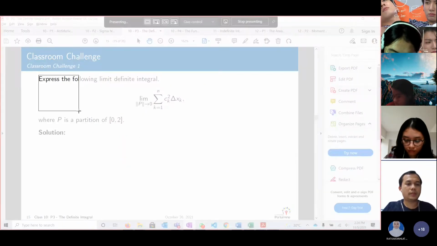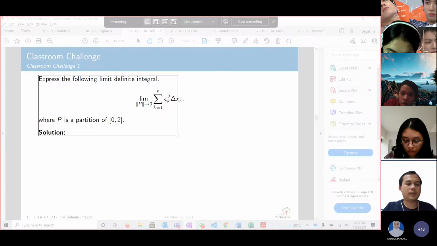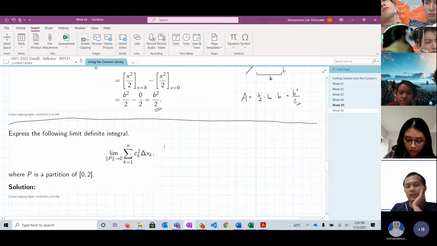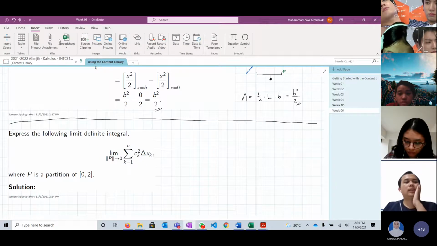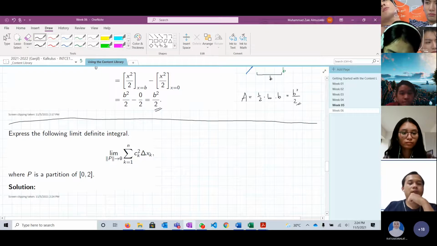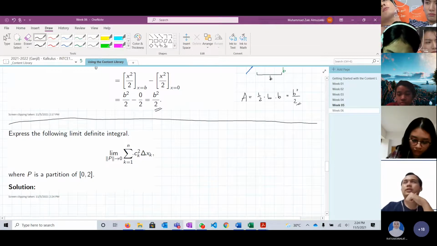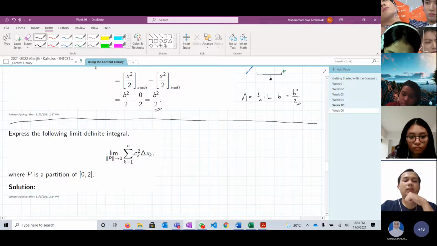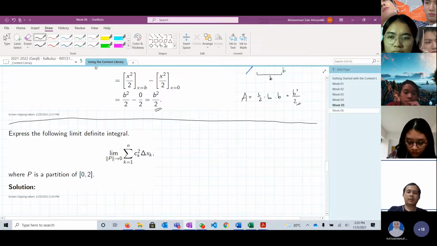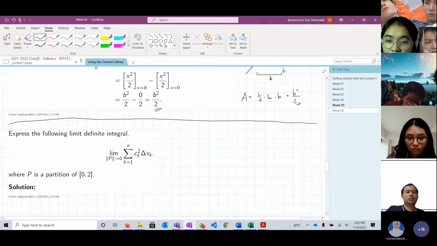Express the following limit as a definite integral. So this guy, this is easy, yeah. Why? As you've heard this morning, our integral is derived from Riemann sum. Here we have Riemann sum, and the partition is from 0 to 2.